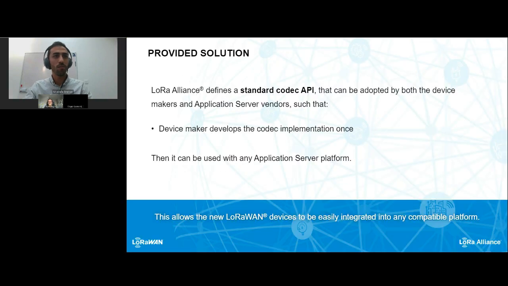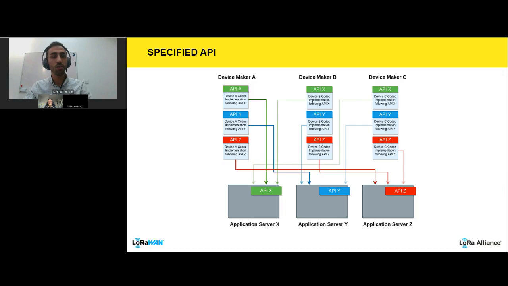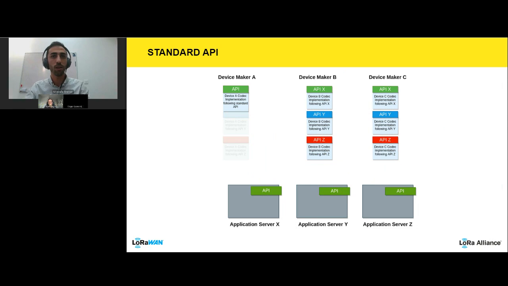We see the device maker needs to develop a codec for each application server. So yes, there's an impact on the device maker. After using this API, you'll have only one codec for all the servers that support the standardization. So there is an impact on the device makers also, not the gateway and network server.